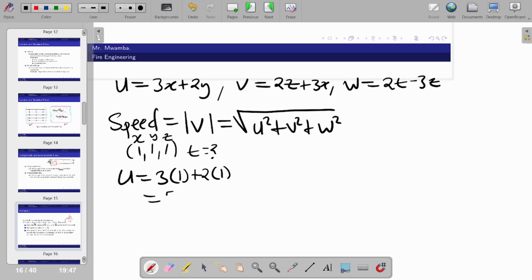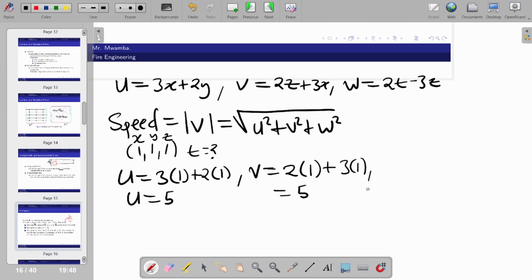This is 5. Now let's find the velocity component along the y-axis. We have 1 there plus 3, we have a 1 there. This is also a 5.